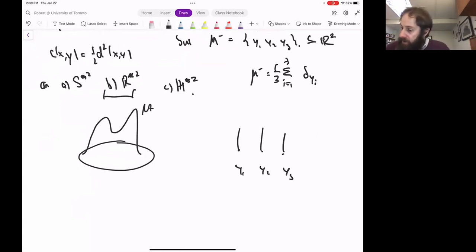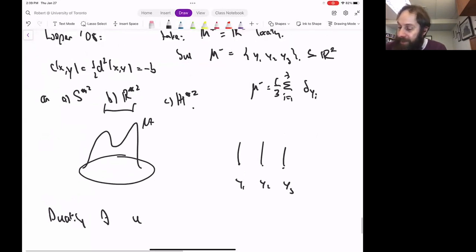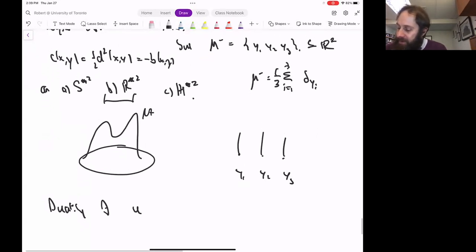And what does the theory tell us? So the duality theory says there exists, I guess I have to call this minus b, some b-convex function.